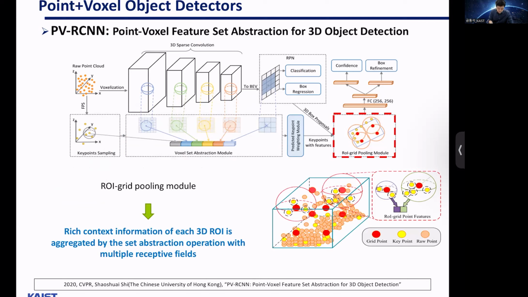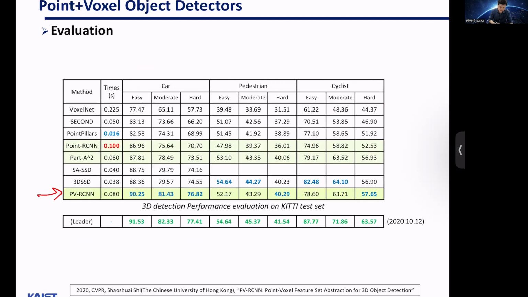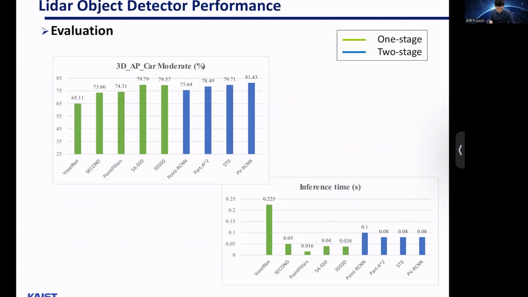So if you go back to the taxonomy, people did not quite investigate further into these hybrid type networks.